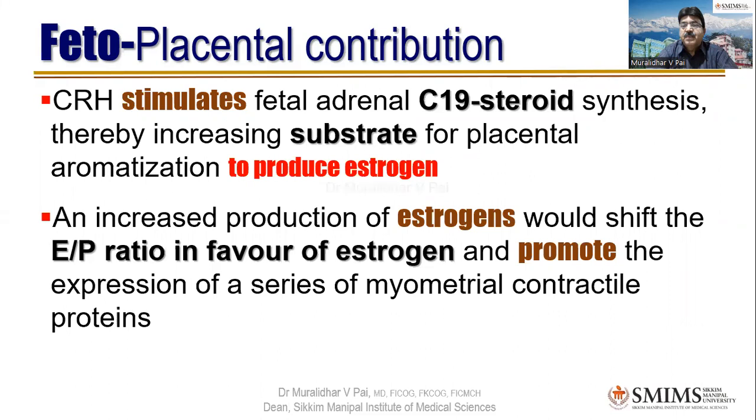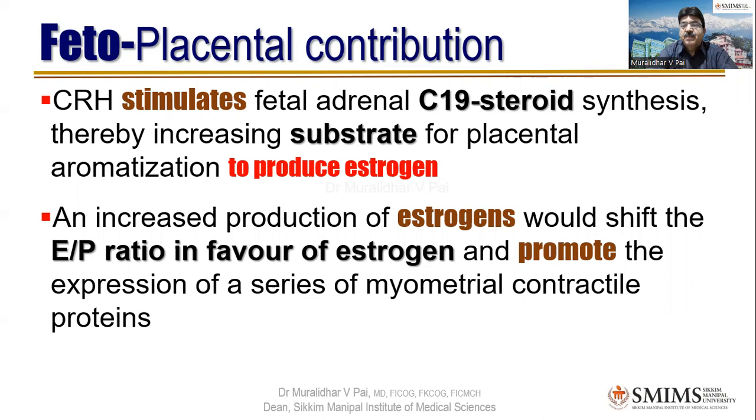And baby is also involved. It doesn't leave everything to the mother and the obstetrician. Baby itself decides the timing. It will give the right signals to the placenta. Placenta obeys the baby and it will produce the CRH. And then they themselves produce estrogen. And estrogen will stimulate the prostaglandins.